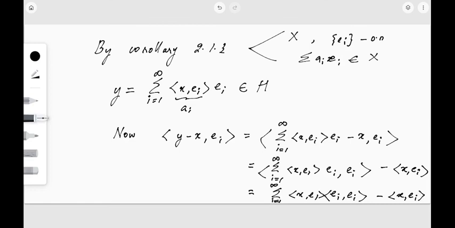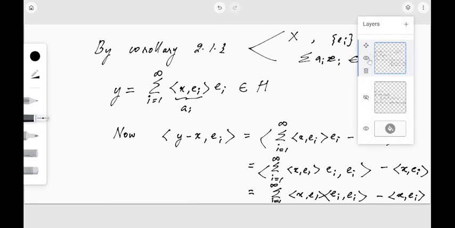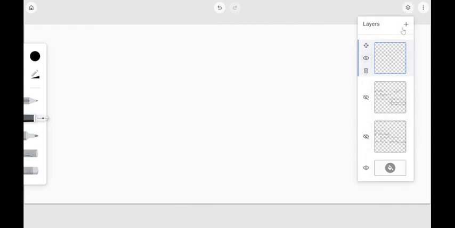Now {e_i} is an orthonormal set, right? So whenever i is the same, these two are the same, we get 1, and whenever i is different, we'll get a 0. So what will be the only term that is there? The inner product ⟨e_i, e_i⟩ will be 1 and ⟨e_j, e_i⟩ will be 0 for every other j, right?